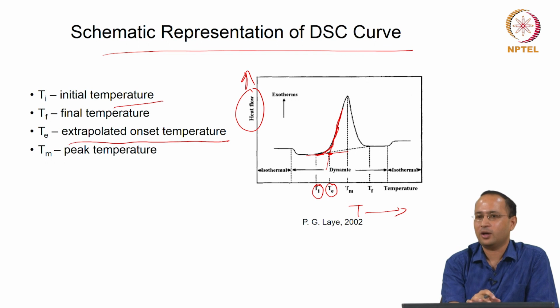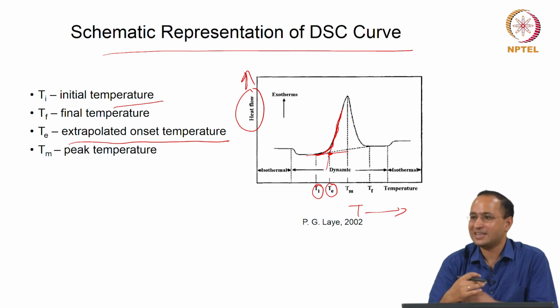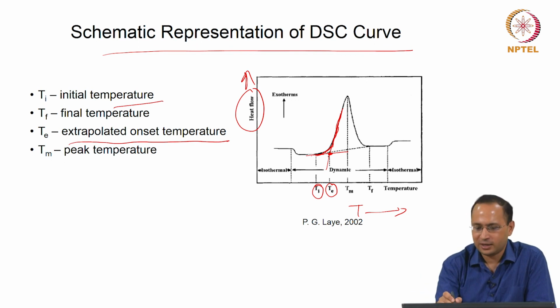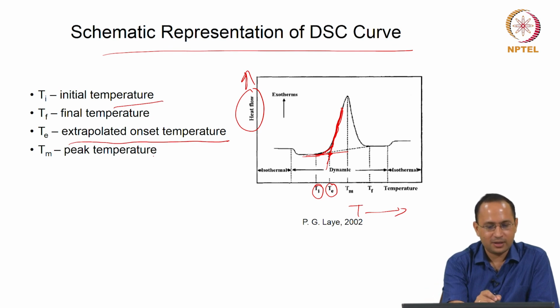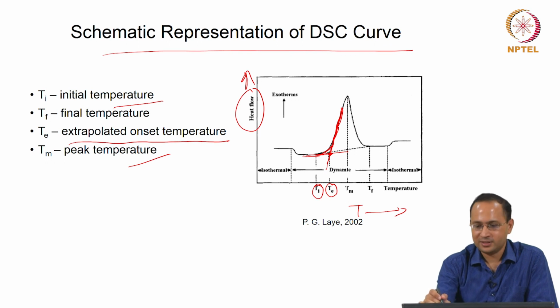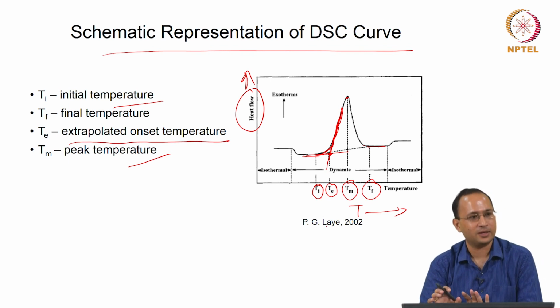I will come back to why it is important, but for now you can see we are extrapolating, because we are drawing a tangent here, then drawing a tangent on this curve, and where they intersect, that is the Te. Tm is obviously, as the name says, the peak temperature, this is the peak. T final is this one, where it has again become flat. These are some of the characteristics.